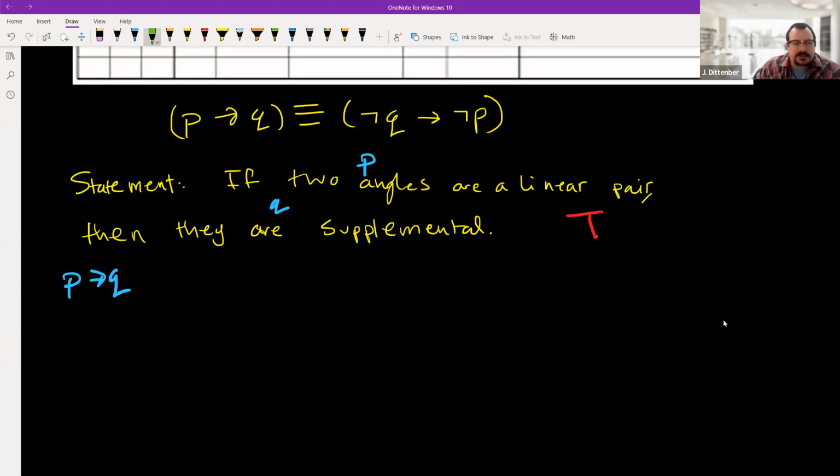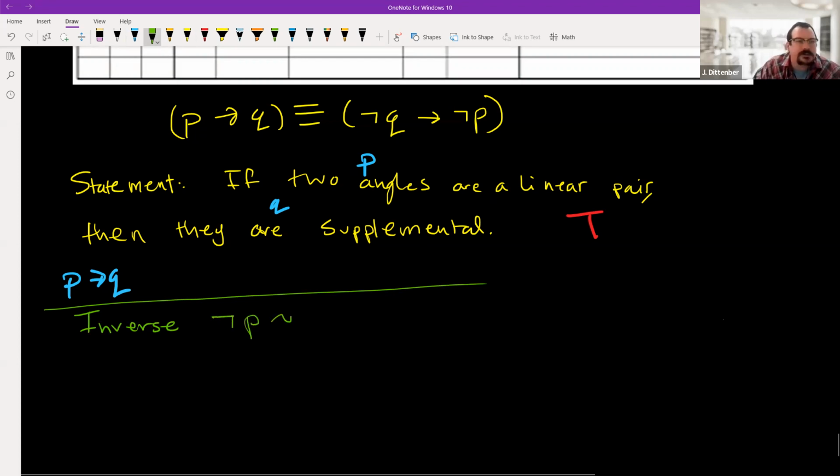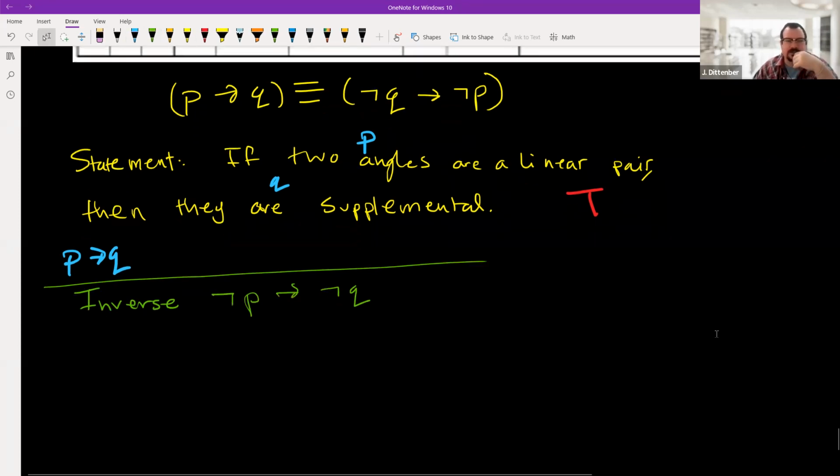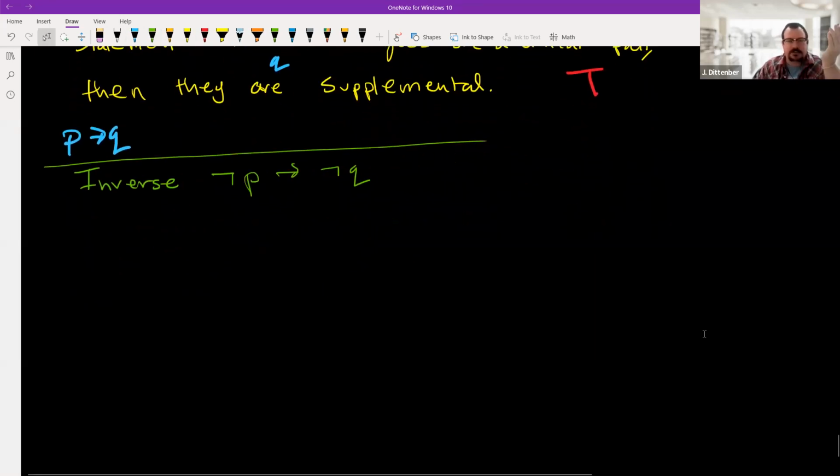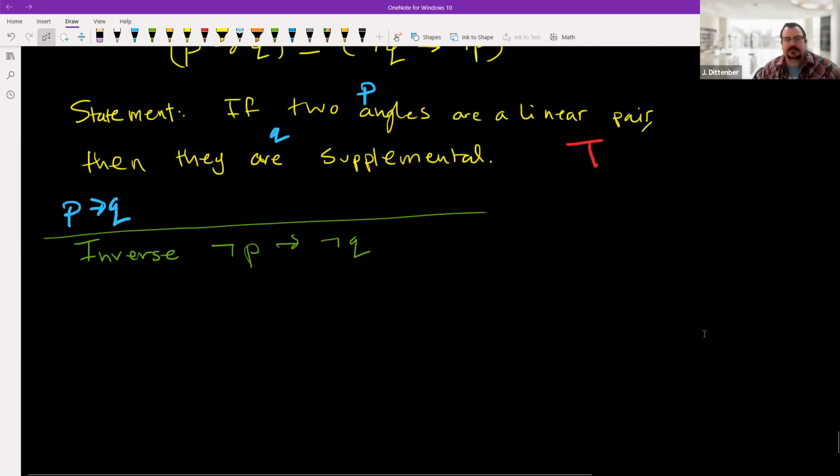So the inverse is not P implies not Q. What does it mean? We would have to write it like this.